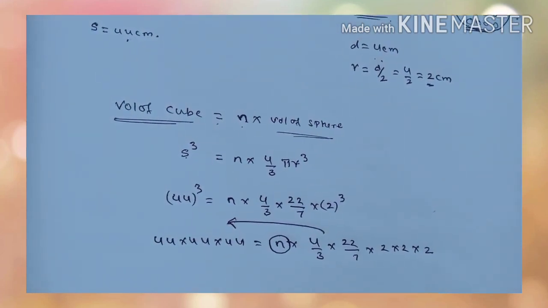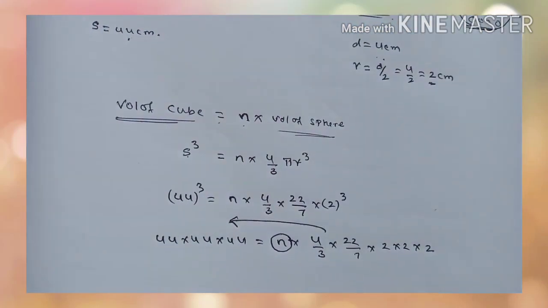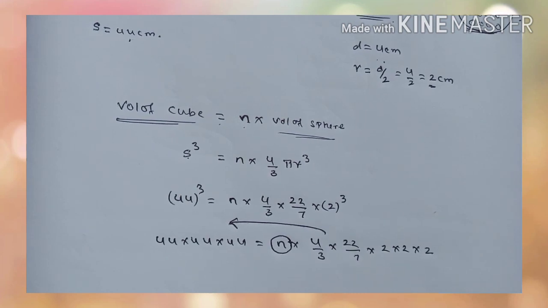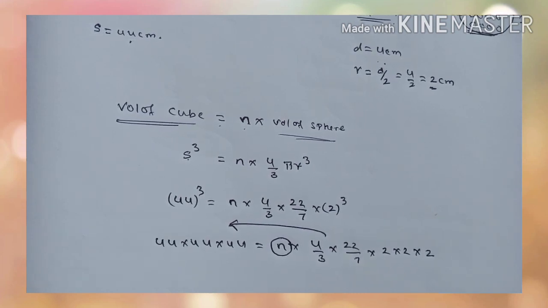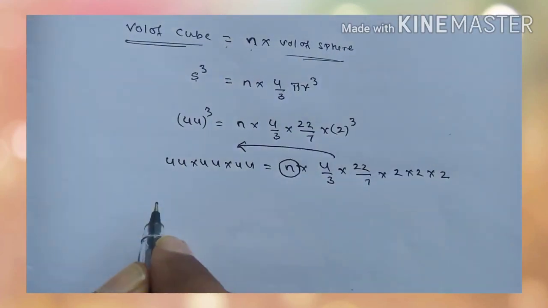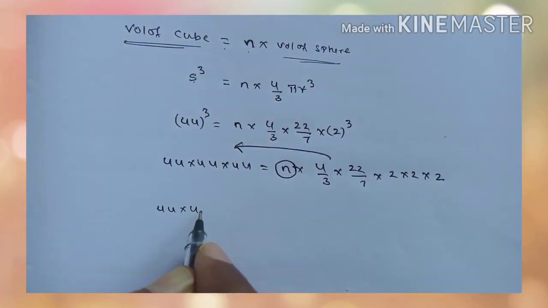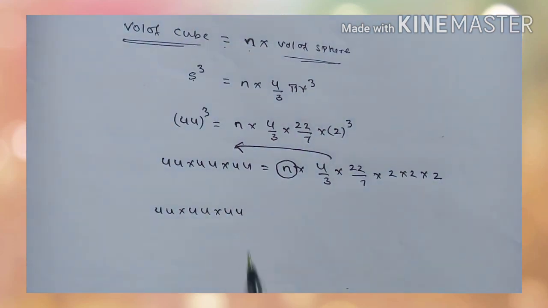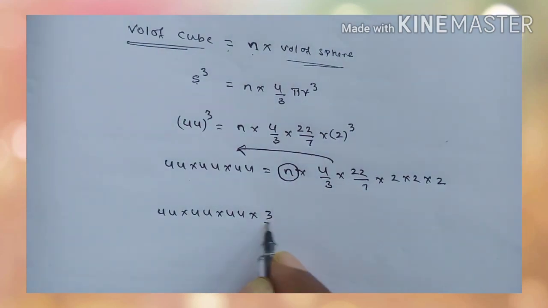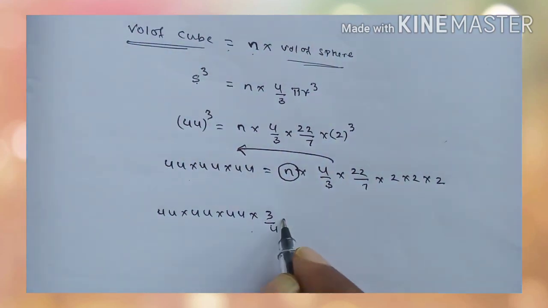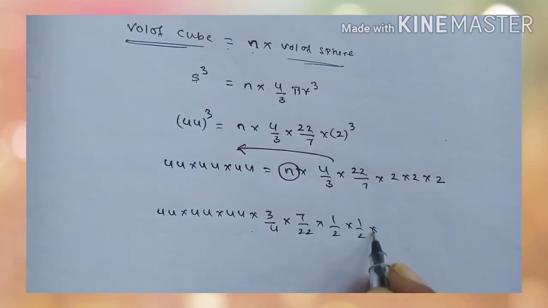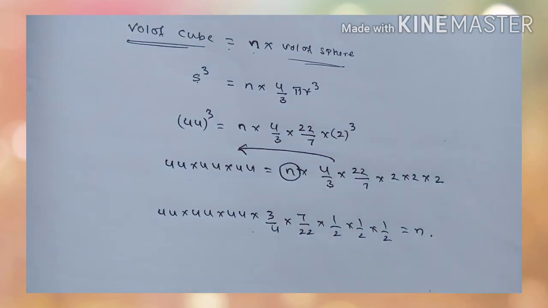If we observe, there is no cancellation till up to this point. The last step is your solution, the final answer you will get without any calculation. Now only in this step should you get cancellation. So 44 into 44 into 44. Now transpose all of them to the opposite side. You will get reciprocals: 4 by 3 becomes 3 by 4, and 7 by 22, and 1 by 2, 1 by 2 and 1 by 2, is equal to n.